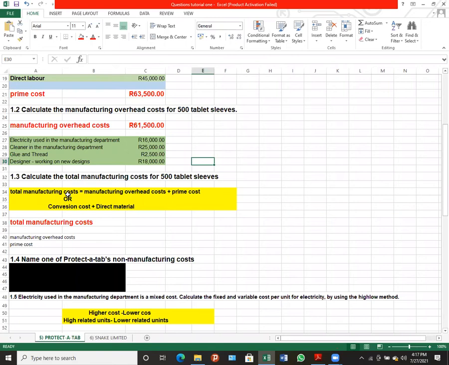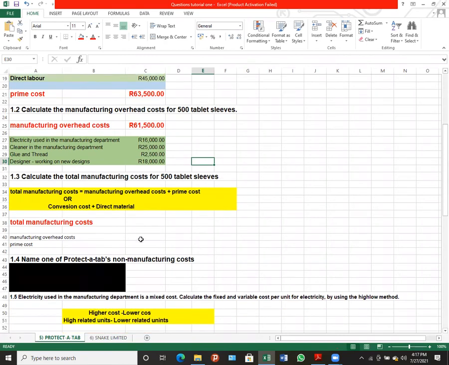Sometimes the total manufacturing cost formula is equal to manufacturing overhead plus prime cost, or conversion cost plus direct material cost. What is the formula to calculate conversion cost, guys? Direct labor plus manufacturing overhead. 100%.